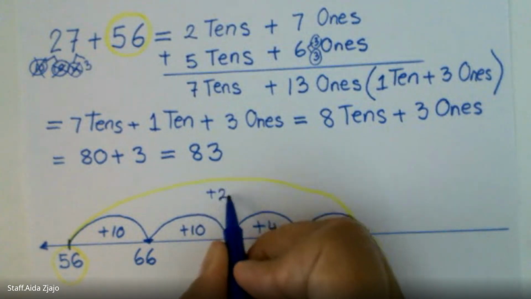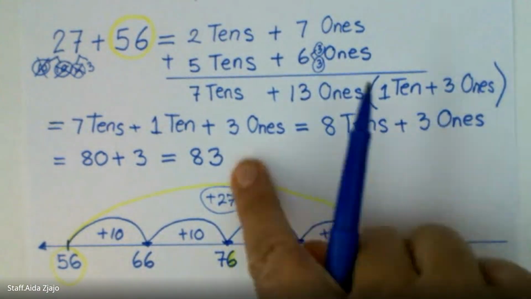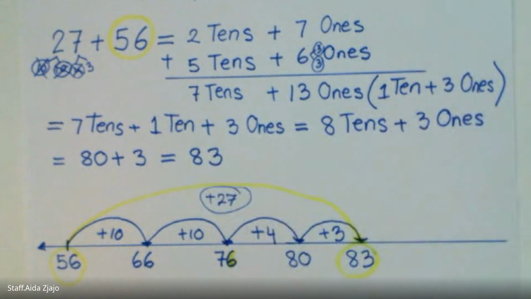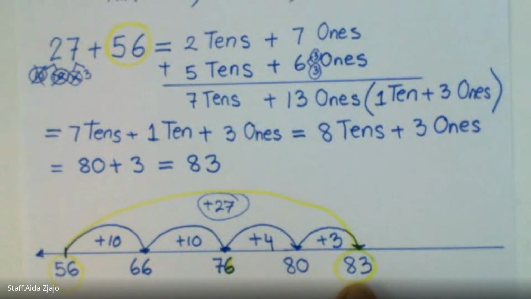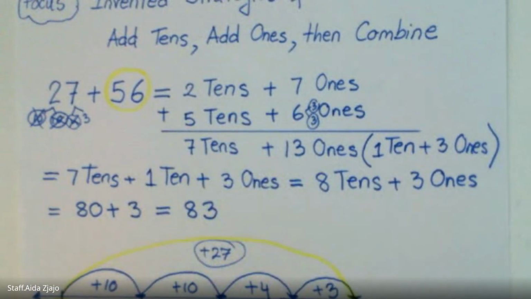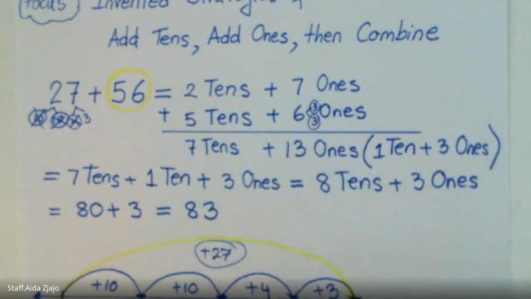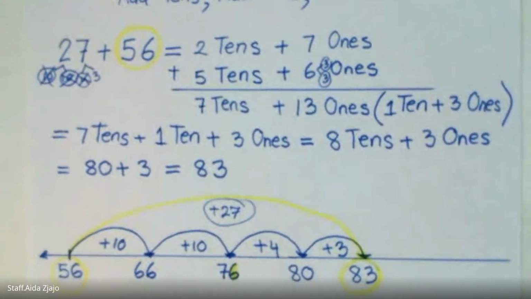I added 27 and my answer is 83. So now I can check, my answer is correct because I did it on the number line, I got 83. I did it using language by adding the tens and ones and combining, and I've got the same answer.